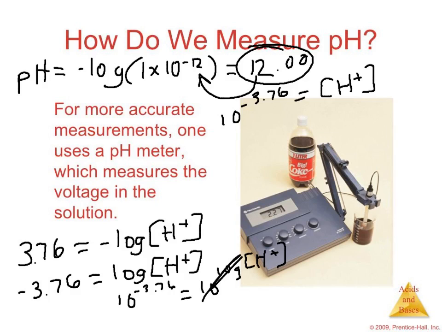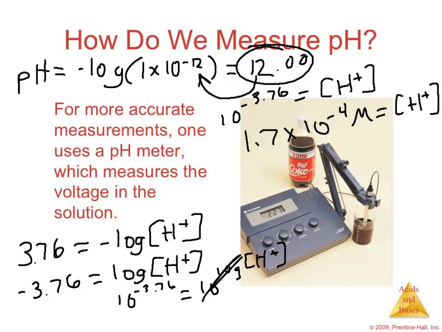But I don't really need it because it's right here in the book. So what you're going to get when you take 10 to the negative 3.76 is 1.7 times 10 to the negative 4th. And that's your H+ concentration. Okay, so that's how you work backwards if you're given the pH and you're trying to find the H+ concentration.